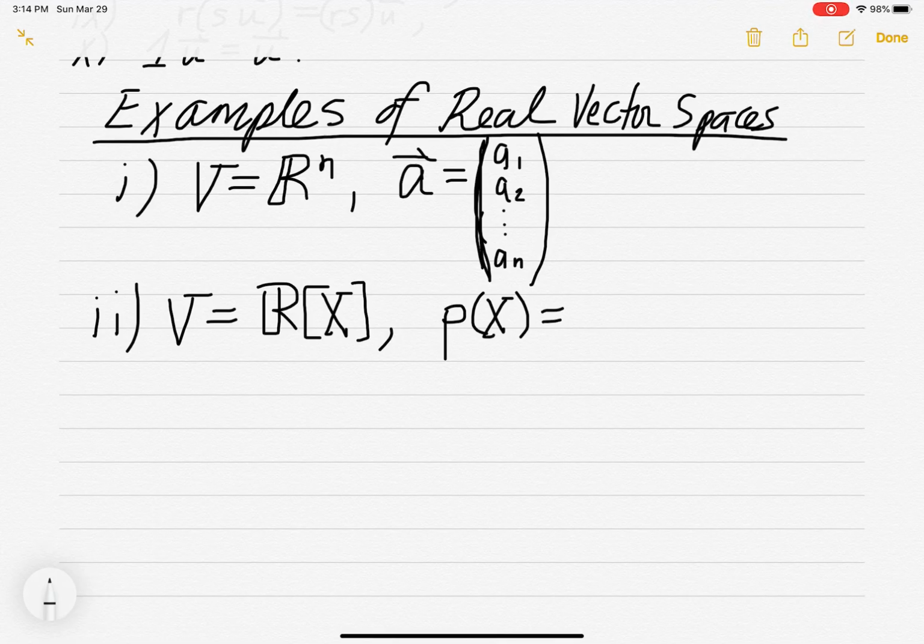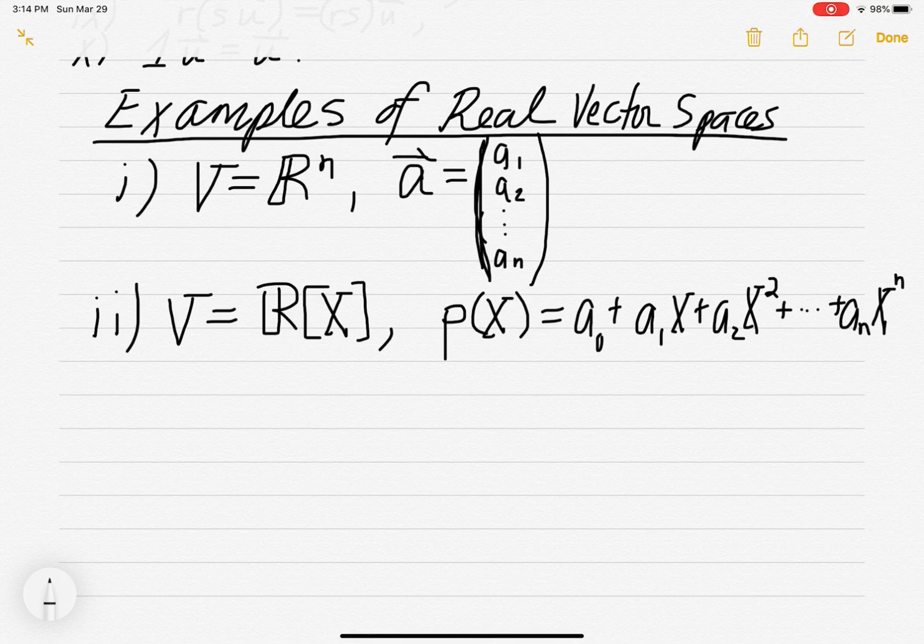So a typical polynomial looks like a sub 0 plus a sub 1 capital X plus a sub 2 capital X squared, and so on and so forth, dot, dot, dot, a sub n capital X to the n power. So this is what a typical polynomial looks like.